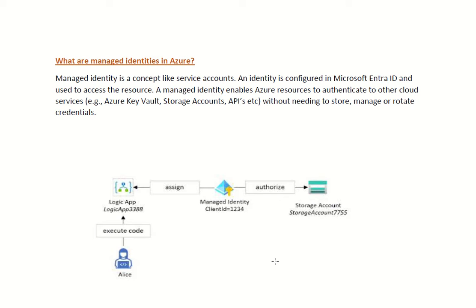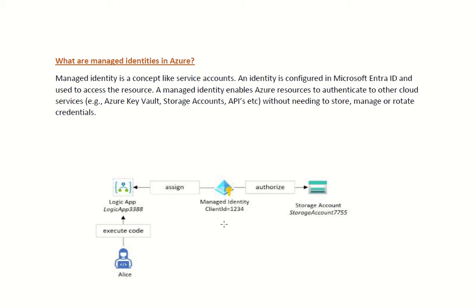In order for this Logic app to access this storage account, you create a managed identity on Azure or Microsoft Entra ID, and on that managed identity you set the role permissions. You configure that managed identity on the Logic app, whether it's a system assigned managed identity or a user assigned managed identity.